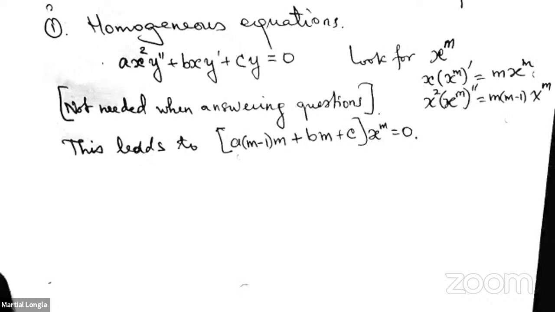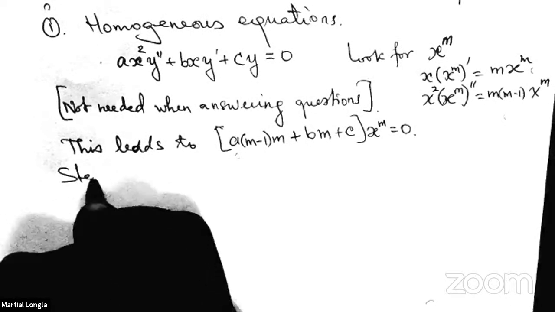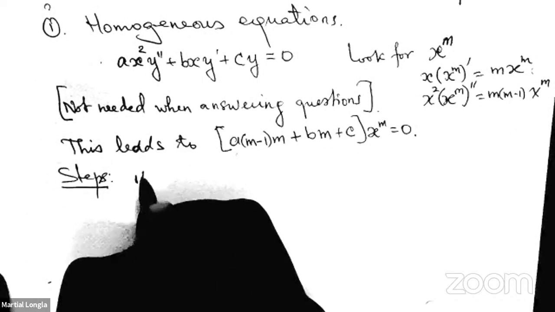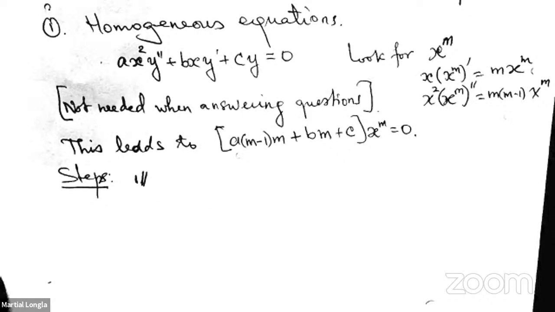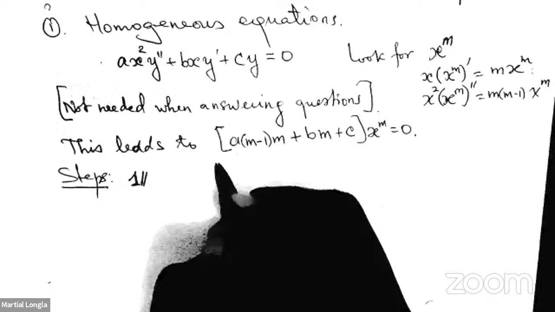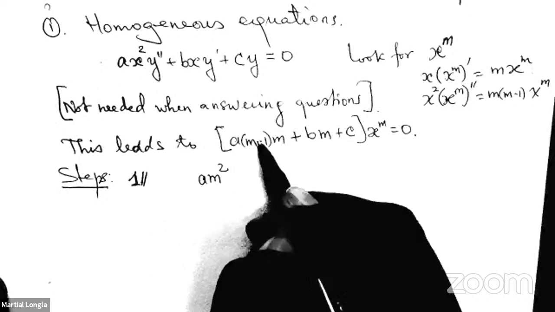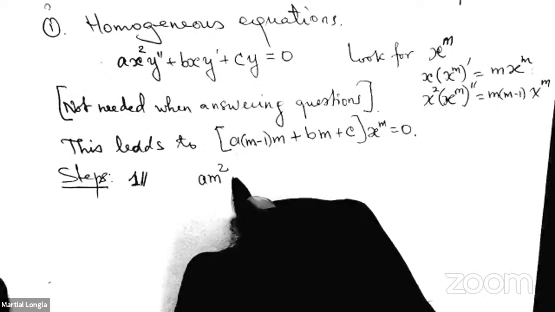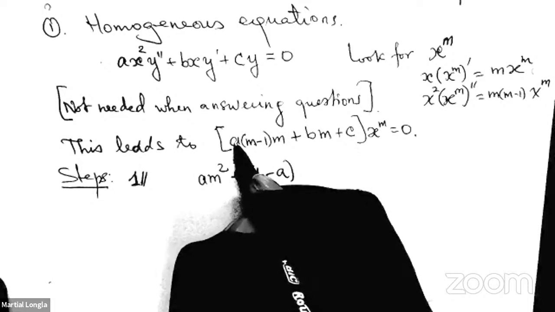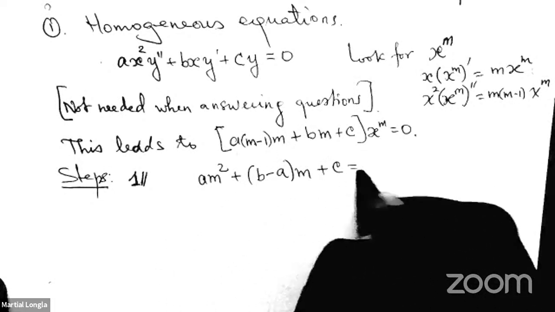And that's the reason why to answer such a question, you will start by going to the first step, right? The Cauchy-Euler equation in this case is a m squared, that's m times m minus 1, a m squared plus b minus a, b minus the a from here, m plus c equals 0.